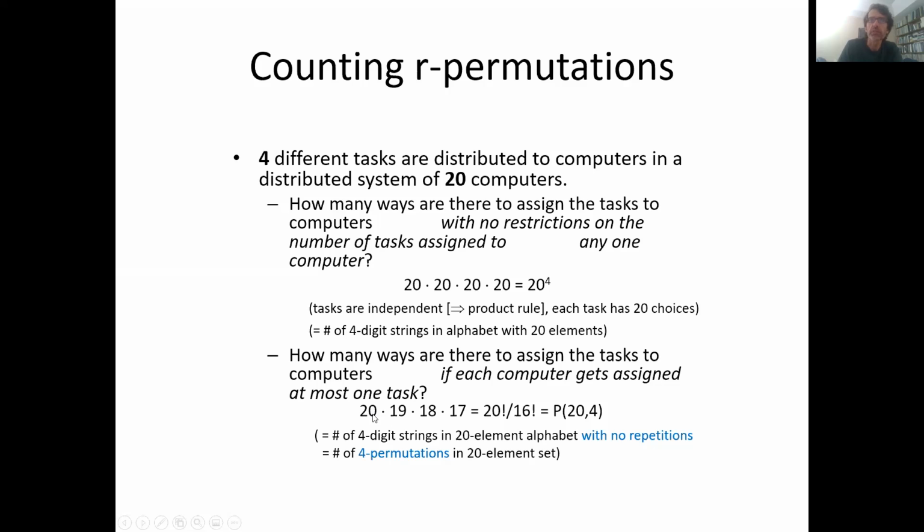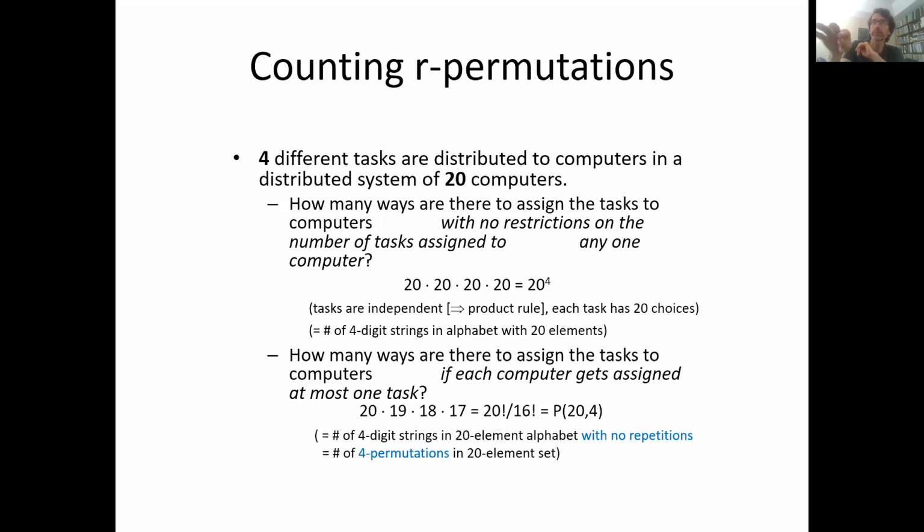All right. So you have a product rule: 20 times 19 times 18 times 17. So it is a 4-permutation in a set of size 20. Why? You have a set of 20 computers, and you take any 4 of them to run your tasks, and the order matters, because the first computer you take is for the first task, the second for the second, the third for the third.